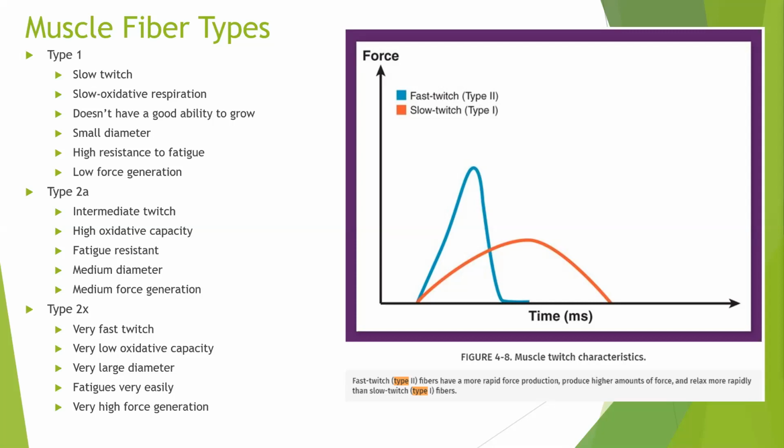If you think about it, you have a lot of slow twitch fibers, or type 1 fibers, in your low back or your feet or your hands. How big would you say your feet get in terms of their muscular size? Or how big do your hands get?